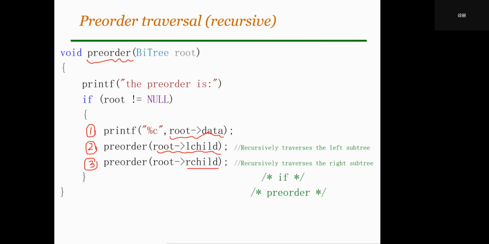So if you want to write the recursive in-order function of the binary tree, you just need to change the orders of these lines, right? If we write in-order, do you remember which one is in-order?